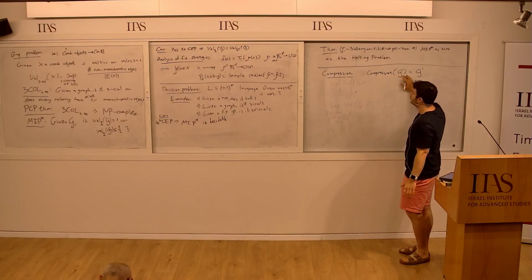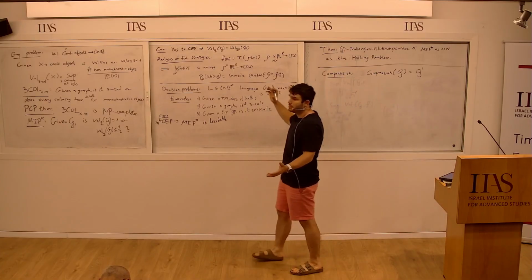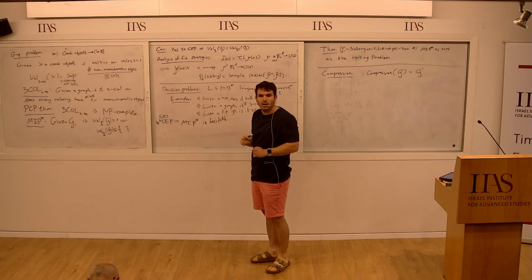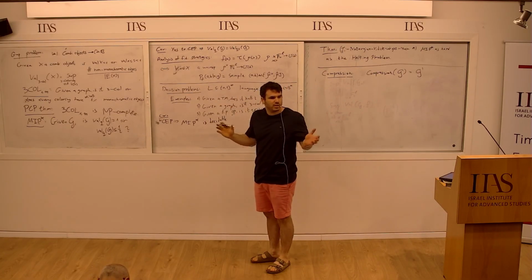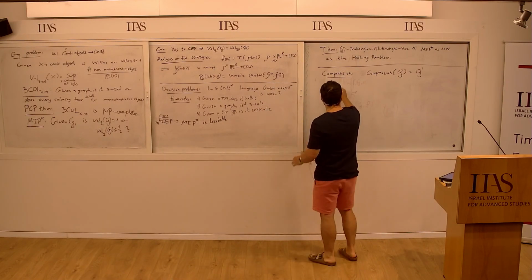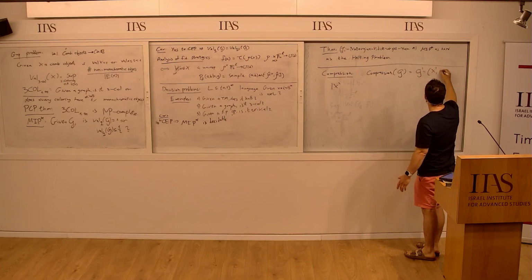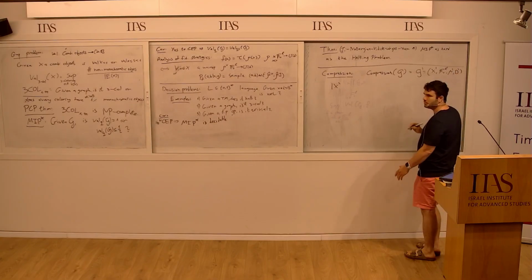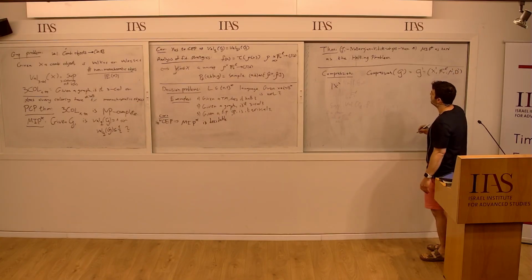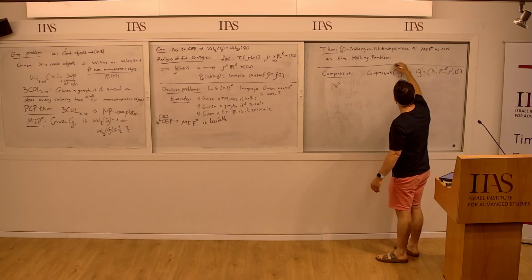So what are you trying to do when you compress a game? You try to make it smaller. What does it mean to make it smaller? One way of thinking about it is just making x and L smaller. So G prime is x prime, F2 to the L prime, mu prime, d prime, and this was x, F2 to the L, mu, d.